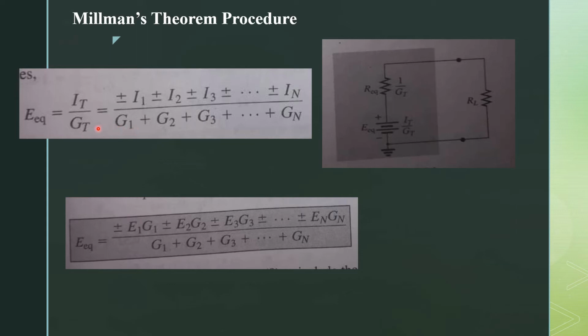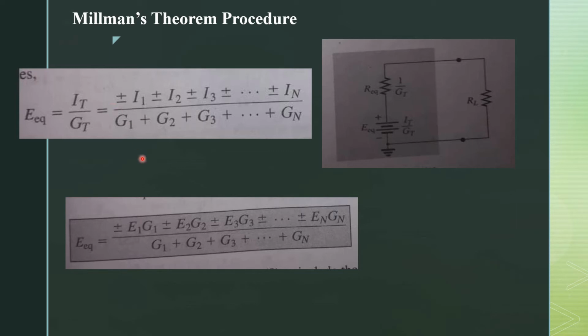Now, if you have multiple current sources in the circuit and multiple internal resistances of those sources, you can write the numerator as I1 plus or minus I2 plus or minus I3 up to plus or minus IN. Similarly, for the conductance, G1 plus G2 plus G3 up to n number of conductances. The plus or minus sign indicates the direction of the current, either upward or downward, either entering the node or leaving the node.